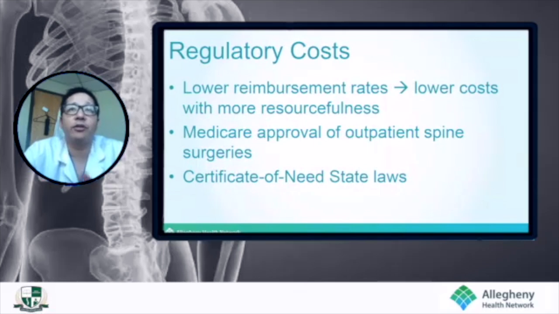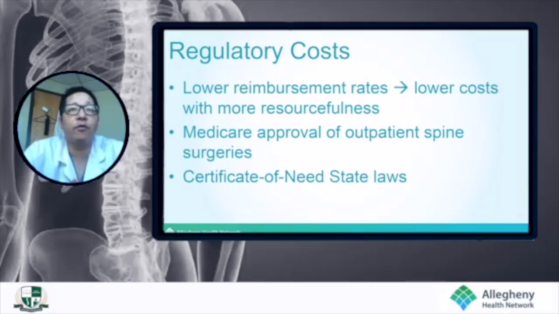Regulatory costs: there has been increased reimbursement for some of the ASC procedures, but are the reimbursement rates relatively proportional to the costs that are required from these ASCs to run shop? And overall, the reimbursement rates do seem to be proportionally lower than some of the inpatient procedures.